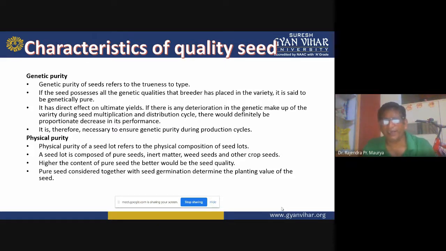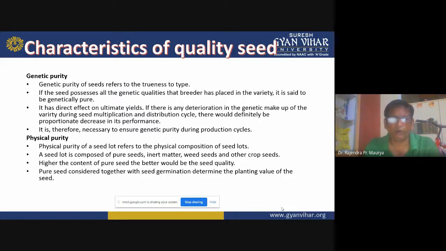If there is any deterioration in the genetic makeup of the variety during the seed multiplication and distribution cycle. For example, for seed production farmers, if we provide any particular variety for seed multiplication, there should be no admixture of other variety seeds in that.